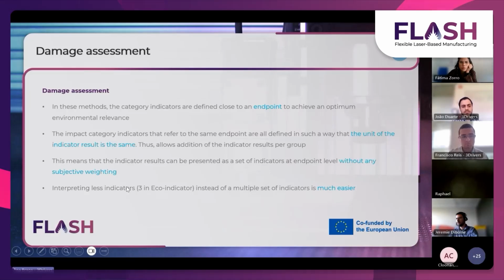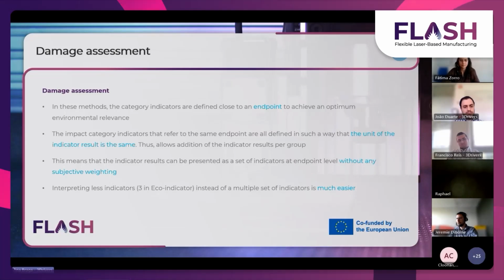In this damage assessment approach, the category indicators are defined close to an endpoint to achieve environmental relevance, and the impact category indicators that refer to the same endpoint are all defined in such a way that the unit of the indicator result is the same. So these allow the addition of the indicator results per group.